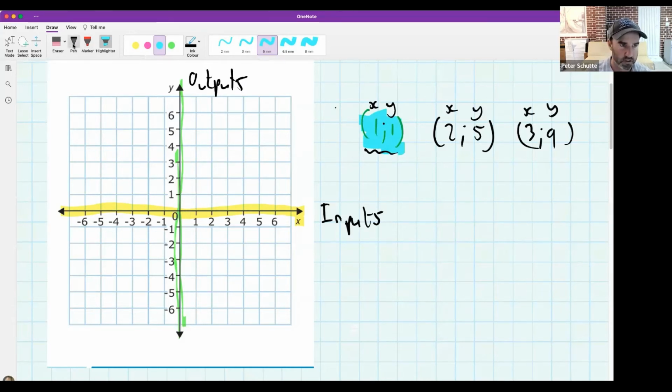So what you do is you go to 1, you find your first bit, X is 1. So where is X equals 1? X is 1 would be over here. So anywhere on this line, X would be 1. So let me even make a little dot there. Anywhere along this line, X would be 1. Now let's go to the second value.